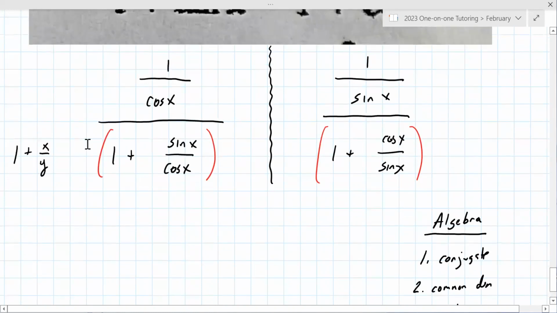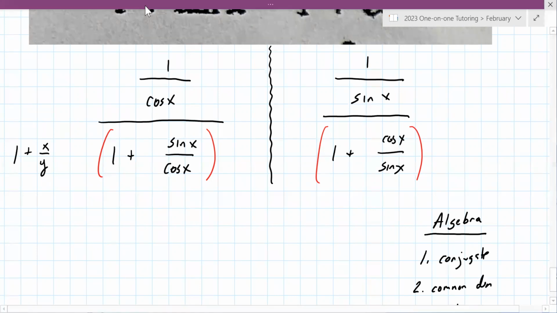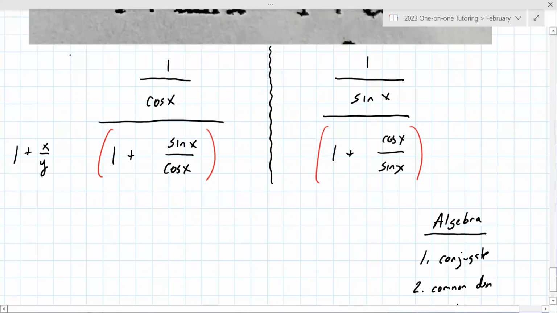When I see this, I'm like, oh, we can make a common denominator because the answer doesn't have a 1 in it, especially if we're manipulating both sides. And I know that might lead to canceling the cosines. So what would the common denominator be in this bottom one?